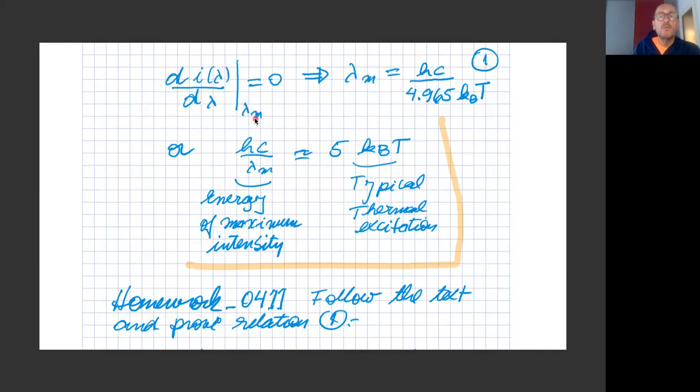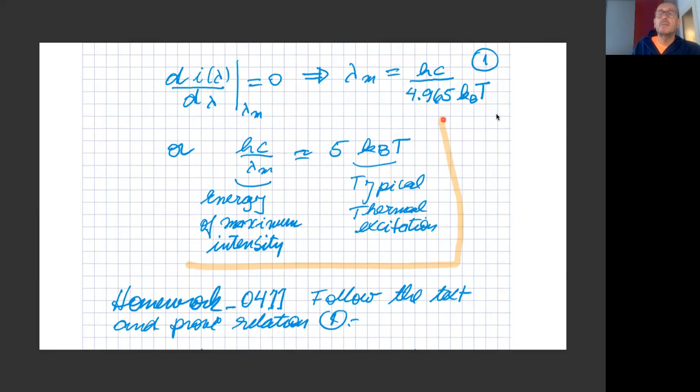This is a maximum when the derivative of I of lambda with respect to lambda is zero, evaluated at lambda maximum.